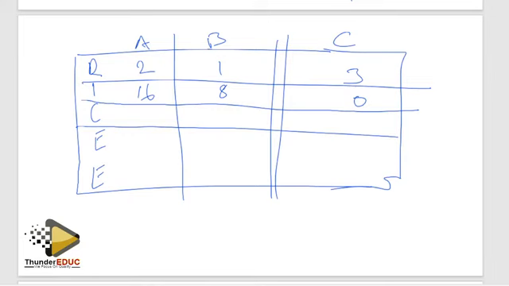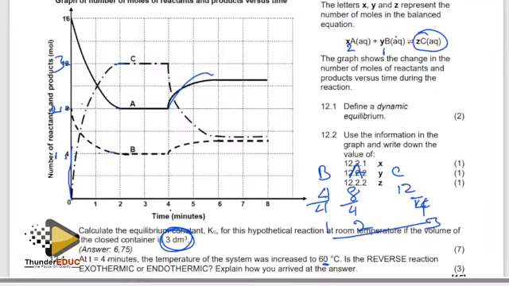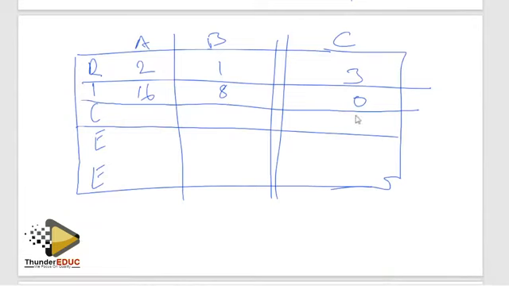How will I find the change? The change for C, it is 12. Definitely, if C is 12 at equilibrium, that's what is produced. Even at equilibrium it is 12.